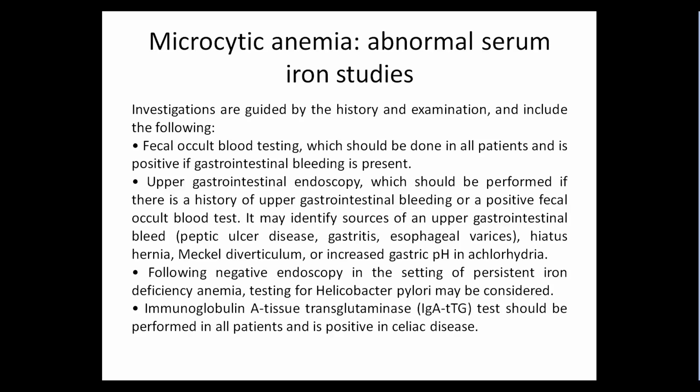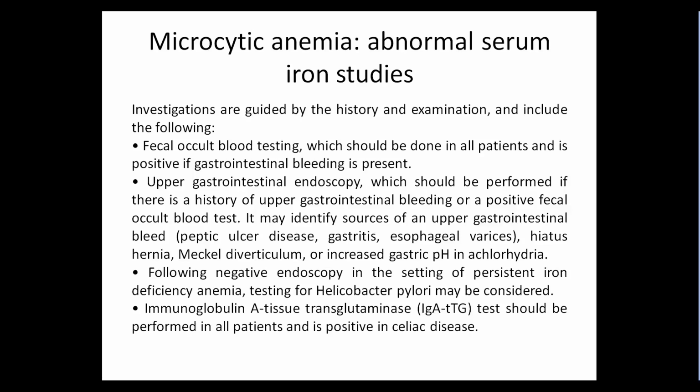Investigations are guided by the history and examination and include the following. Fecal occult blood testing, which should be done in all patients and is positive if gastrointestinal bleeding is present. Upper gastrointestinal endoscopy, which should be performed if there is a history of upper gastrointestinal bleeding or a positive fecal occult blood test.